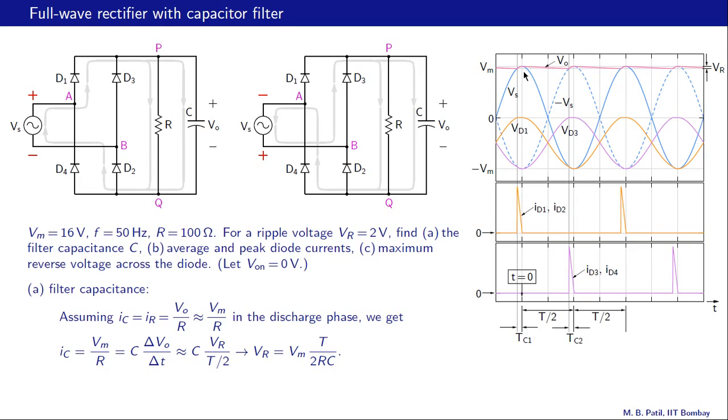So let's take this interval for example. That is from t equal to 0 to this point here, which is nearly equal to T by 2. So we substitute for delta T, T by 2, and then we get VR equal to Vm T by 2RC.